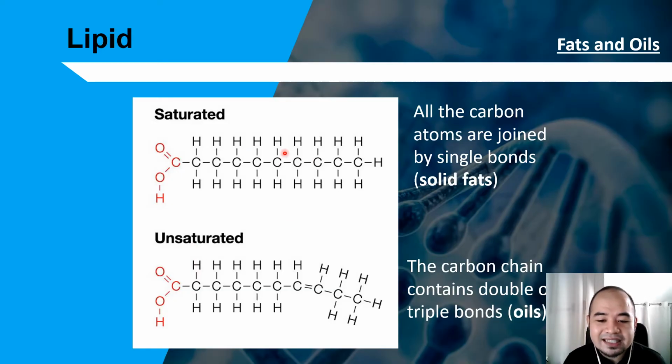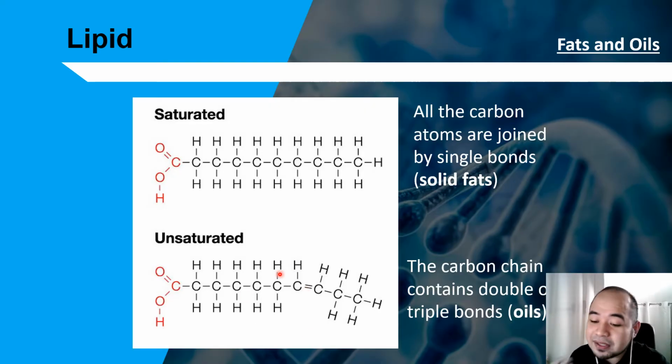Now, why is this solid at room temperature? Because it's structurally sound. It's compact. Whereas this one has space for movement, so it can wiggle there, which is why it has the ability to flow. That's oil.